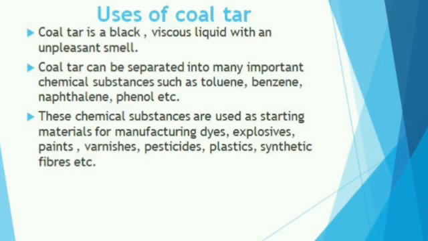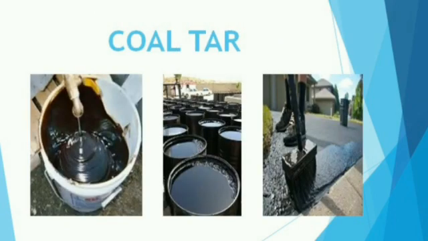This is also one of the methods to obtain the different varieties of coal tar. I will teach about the fractional distillation method a little later. These chemical substances are used as starting materials for manufacturing dyes, explosives, paints, varnishes, pesticides, plastics, and even synthetic fibers.